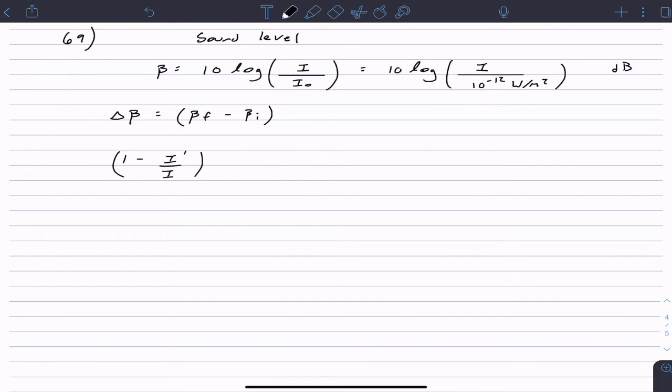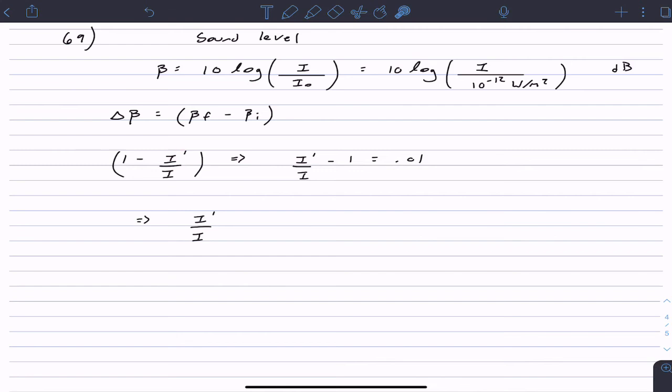Well, in this case, we're not looking for the decrease, we're looking for an increase. So we're going to have this, and this is equal to 0.01, because this is 1%. If you multiply all this by 100, you get your percentage. So that means that we have our ratio. Sorry, I should be more explicit in that I am considering I prime as the new value.